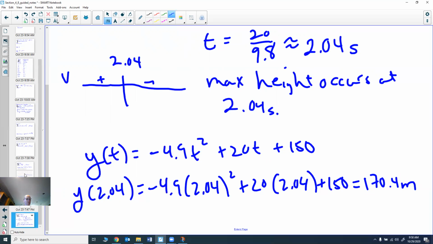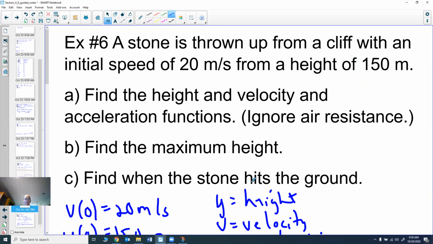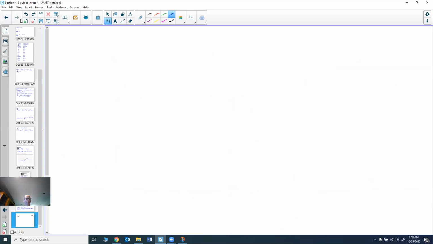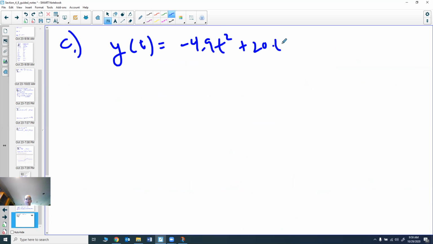Now, the next thing it also wanted us to find was when the stone hits the ground. Well, the stone hits the ground when the height is 0. So all we have to do is take our y equation, which was negative 4.9 t squared plus 20t plus 150, and set it equal to 0.